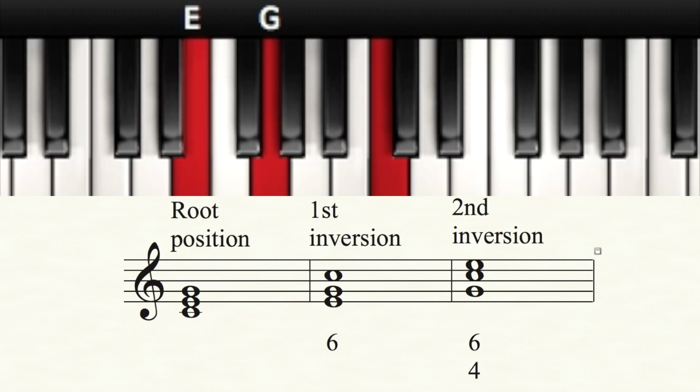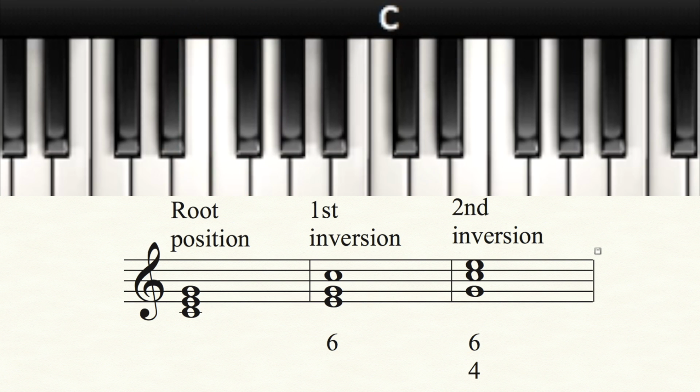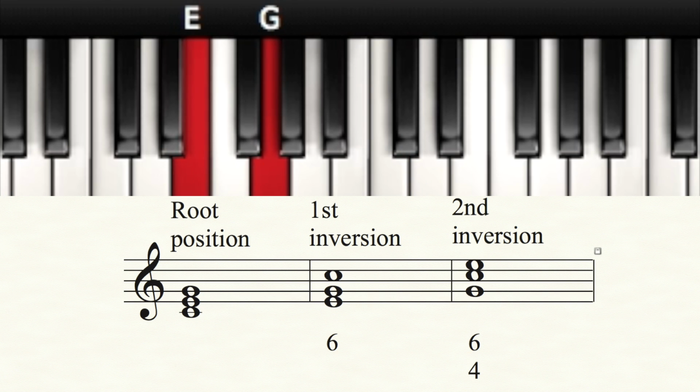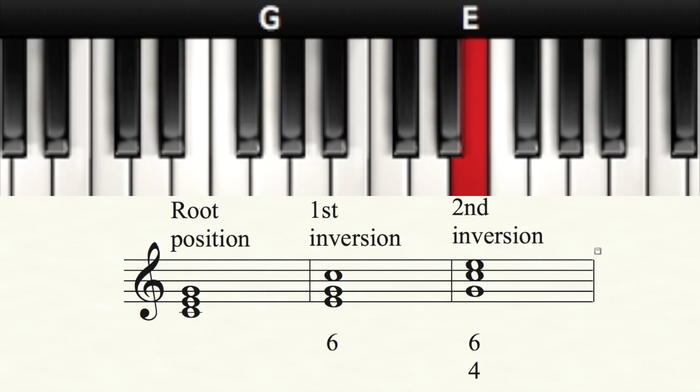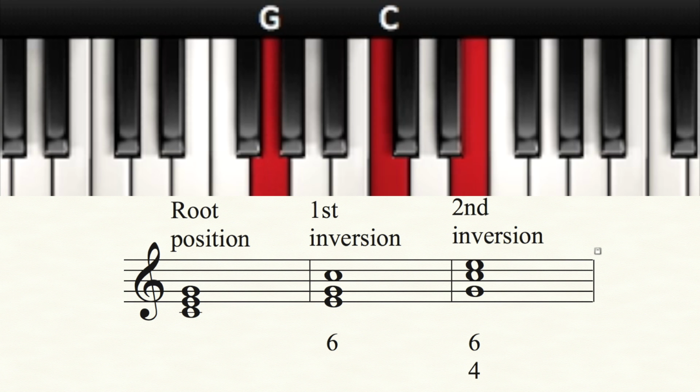For first inversion, we start with a sixth and a third above the bass, and in this case, we drop the 3 and just use the number 6. And finally, for second inversion, because this has a sixth and a fourth, to distinguish from the first inversion, we do use both the 6 and the 4.